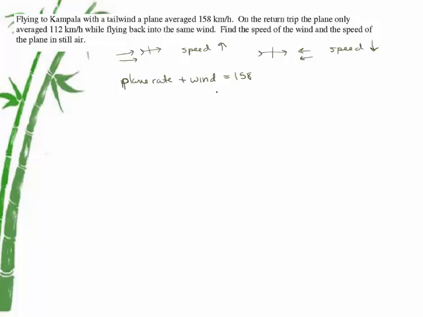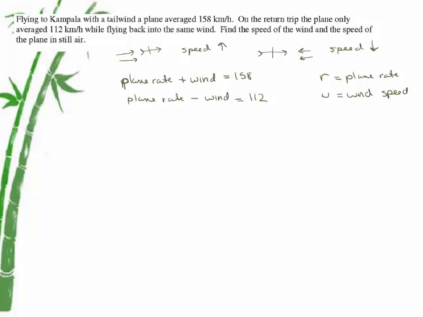Now on the return trip, so you have the plane rate minus the wind because it's going against the wind, so the speed is being decreased. You have 112. So what I'm going to do is I'm going to call the plane rate R, and then the W will be the wind speed.